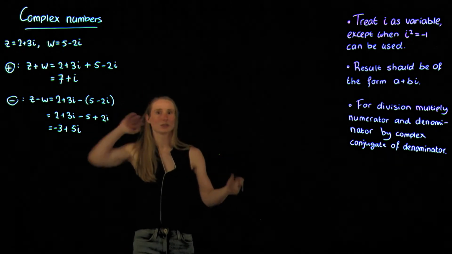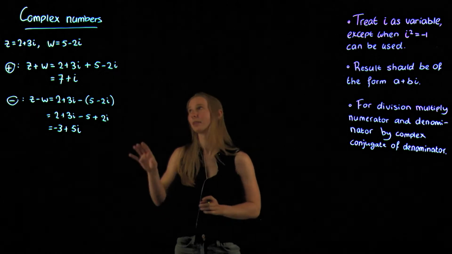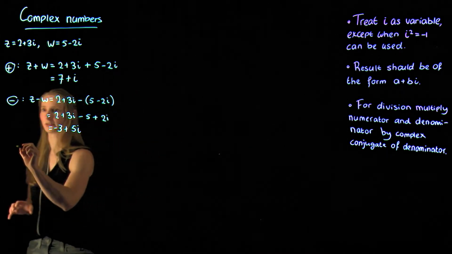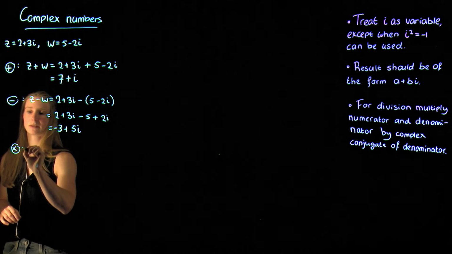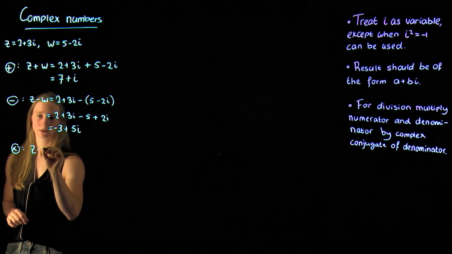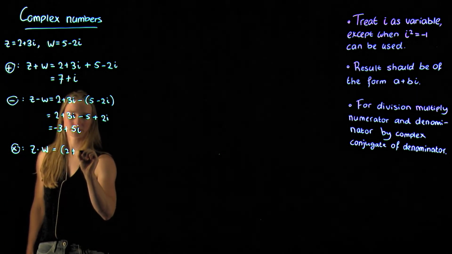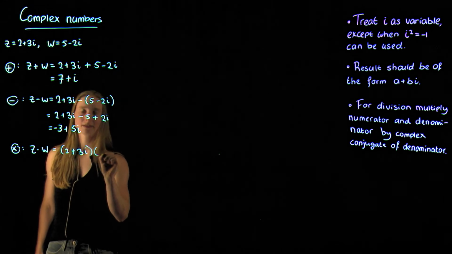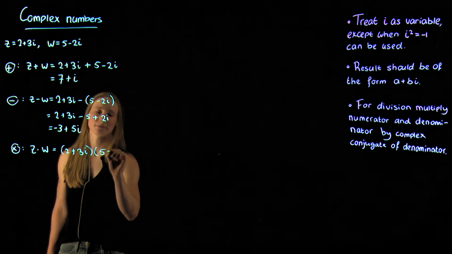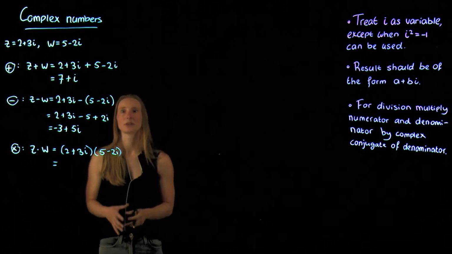All right, let's get into something that is slightly more complicated, so multiplication. Let's multiply these two numbers. So we want to do z times w. So we get 2 plus 3i times this 5 minus 2i. So the first step is we simply want to get rid of these brackets.